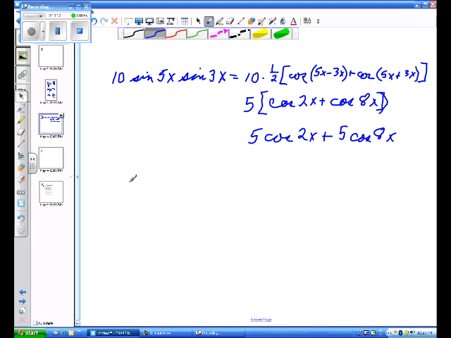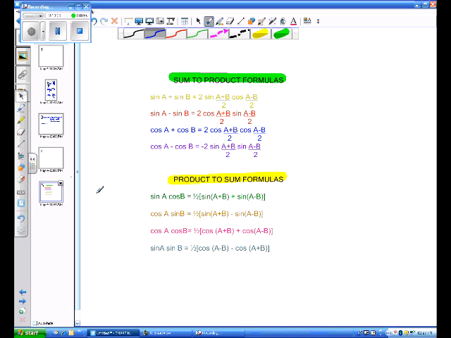Let's say that we have the cosine of 3 pi times the sine of pi. Here we've got some actual angles. Well, if we look at our identities, we had a cosine times a sine. So here we have cosine A, sine B, and it's 1/2 the sine of the sum of the angles minus the sine of the difference of the angles.